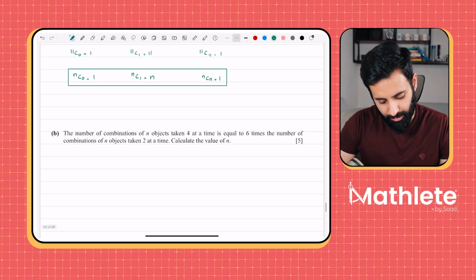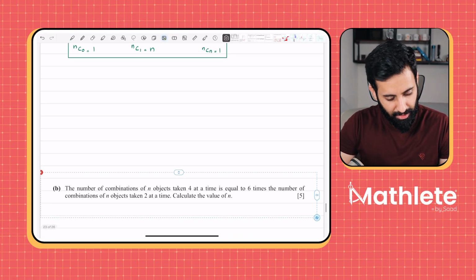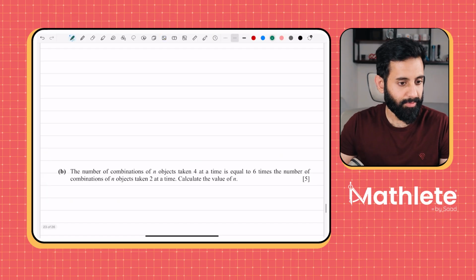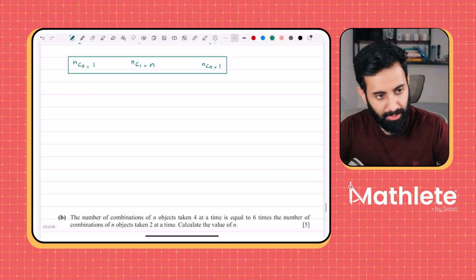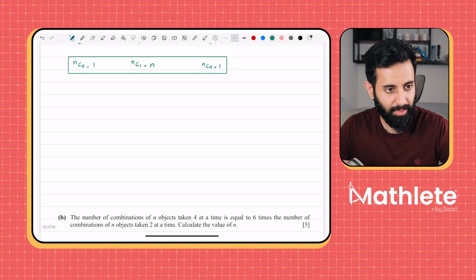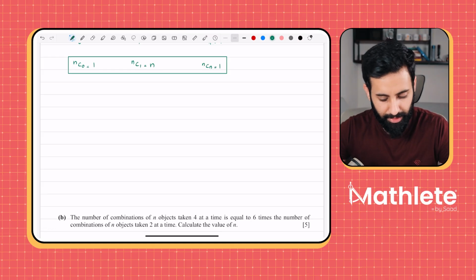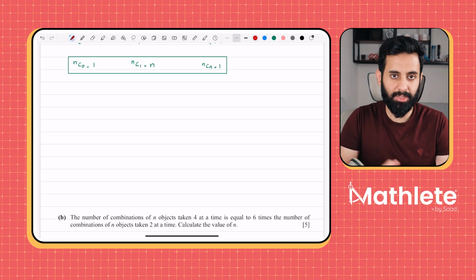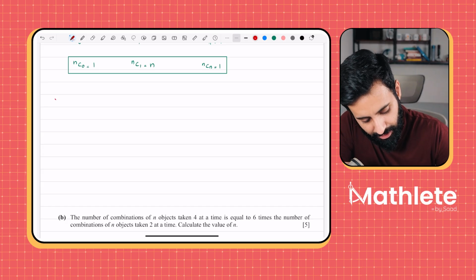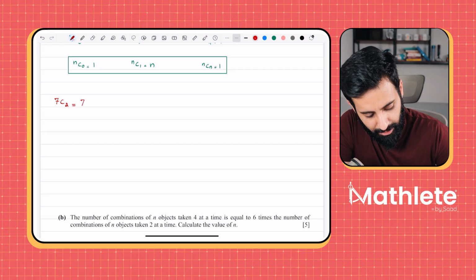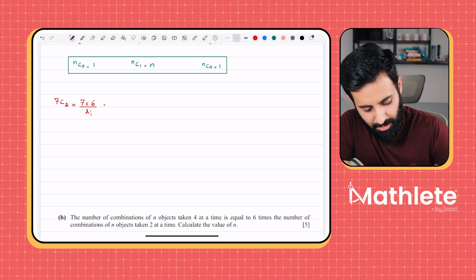Now, before we solve this question, there's something else that we need to learn. If you want to expand NCR without a calculator, I want you to once again identify a trend. I'm going to work out a few expansions, and your task is to identify a certain trend. If, let's say, it's 7C2, the way that we work this out is 7 times 6 divided by 2 factorial, which basically means 2 times 1.